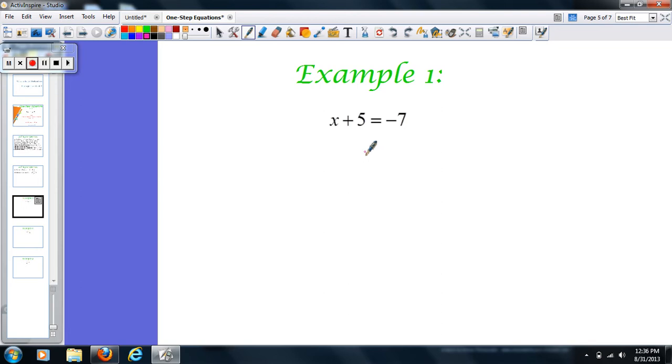So when we look at the problem x plus 5 equals negative 7, this is our given. So this would be what we would write down as our given.